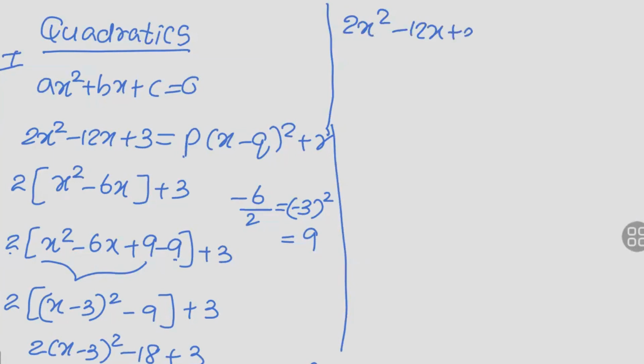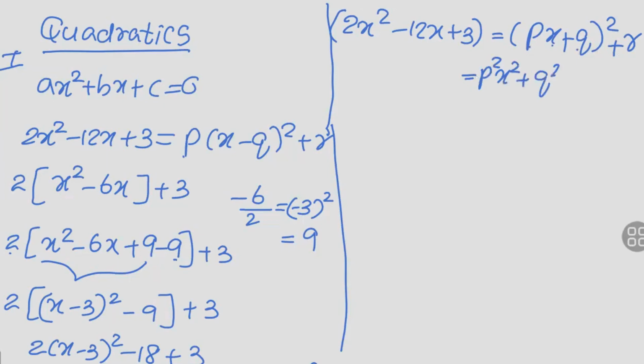If they ask you to make it inside the bracket, Px minus Q squared plus R, if they ask you to keep P inside, you can apply this method. Square it: Px squared is P squared x squared, Q squared is this one, this into this double, 2PQx, plus R. So this is the equation.